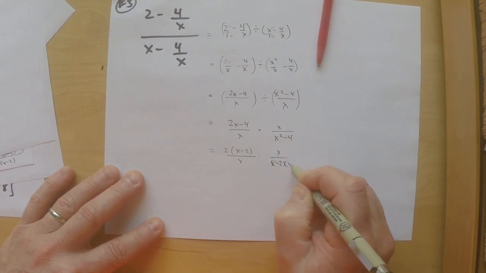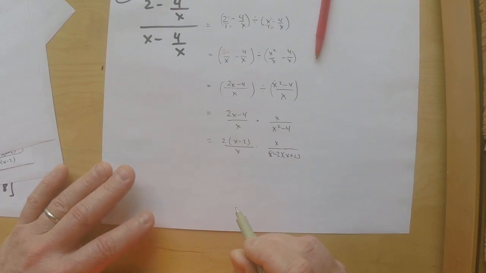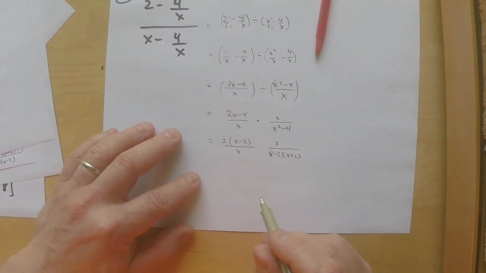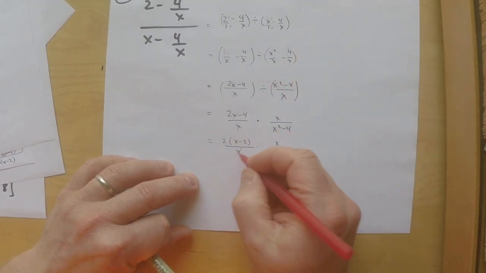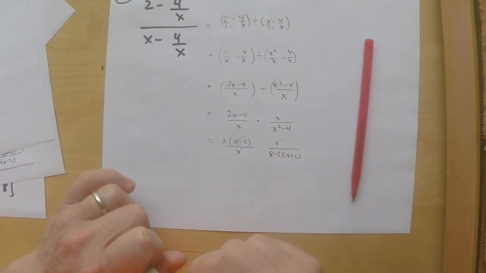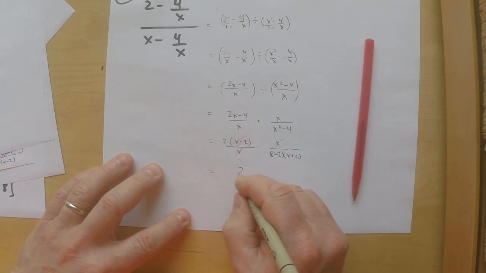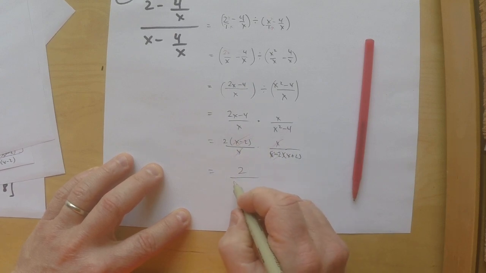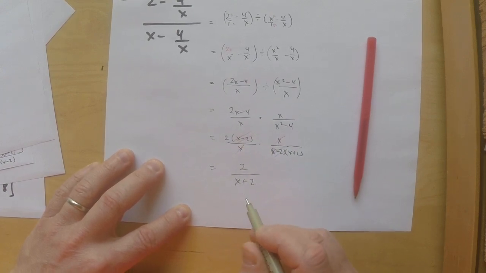Definitely, difference of squares. Because it's all factored, with no adding and subtracting in between anything, I can cancel like factors. This x cancels out with that x. This x minus 2 cancels out with that x minus 2. You're left with 2 on top, because it's 2 times 1 times 1, and on the bottom an x plus 2.